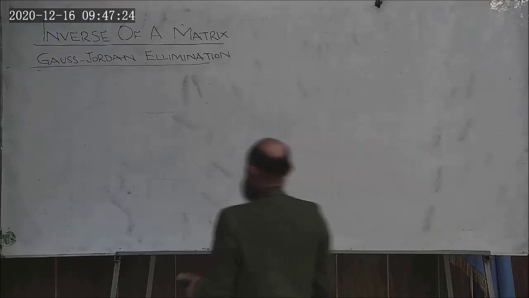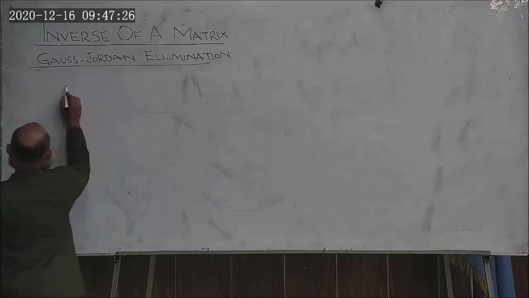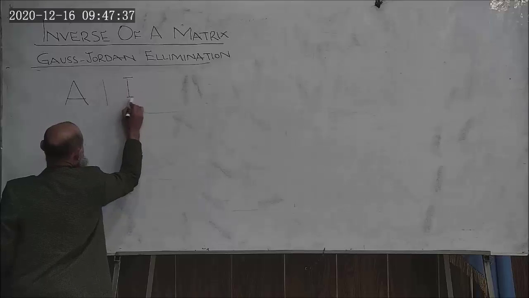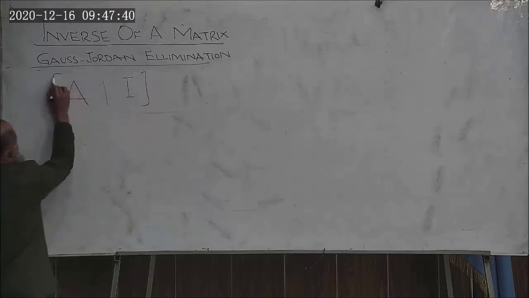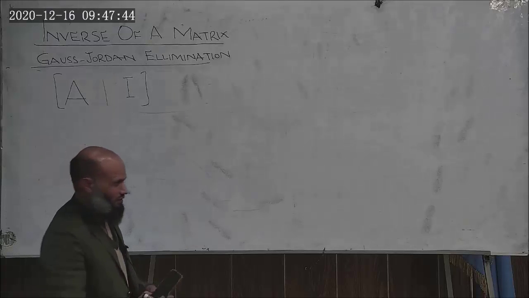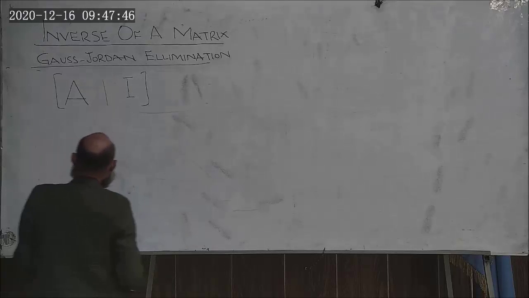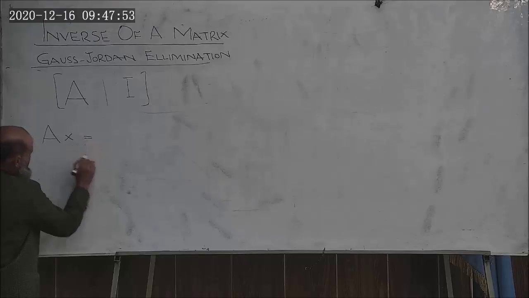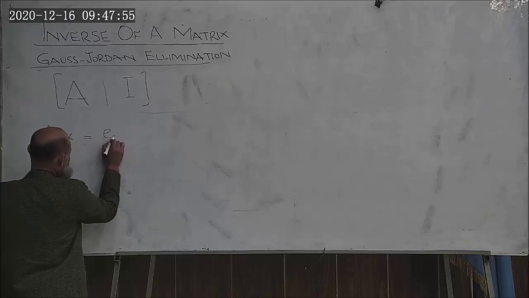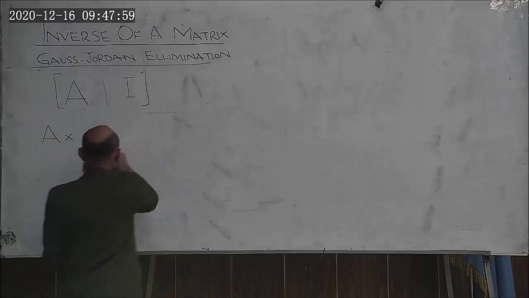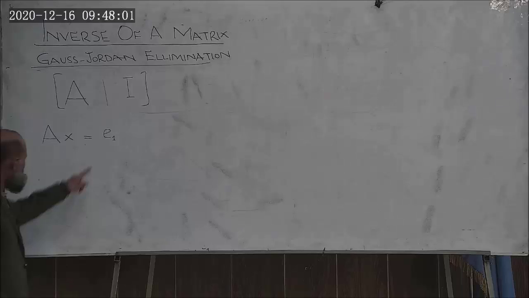So now here is the question: why does this procedure give us the inverse of a matrix? You are familiar with systems of equations. Can you find the solution to this system of equations where E1 is the first column of the identity matrix?